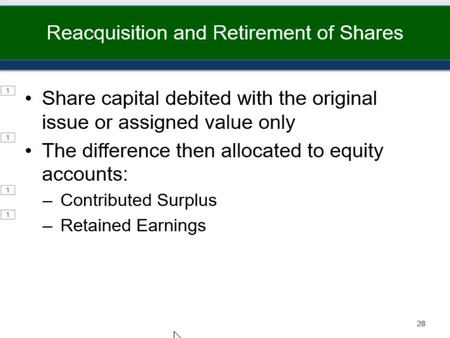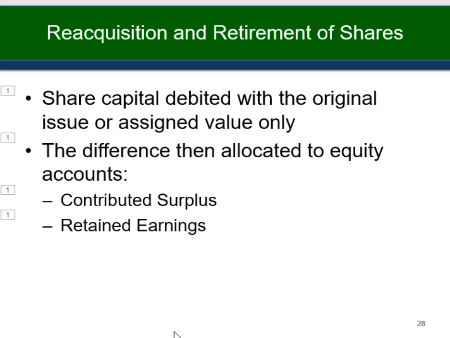So accounting for it, share capital is debited with the original issue value, so we remove what was actually allocated to them, and then we have to account for the amount of equity in two other kinds of accounts: the contributed surplus and retained earnings. There's a number of ways the contributed surplus comes up.